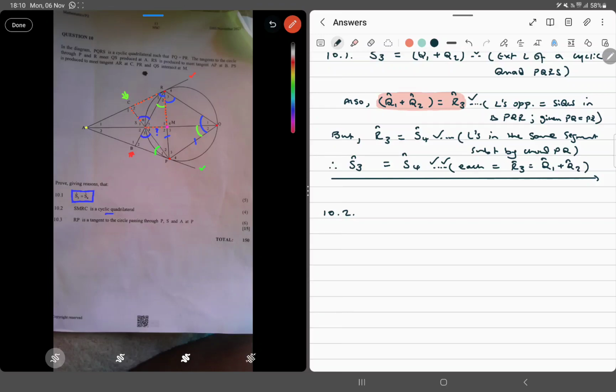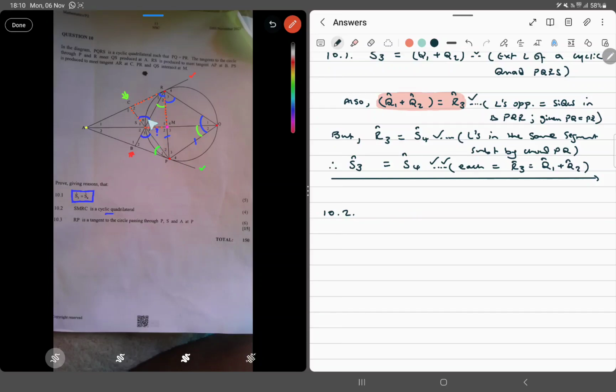I'm sure you guys can appreciate it as much as I'm working with a bit of challenges here. All right, so now how do we prove that? Okay, so the way to prove this one is a cyclic quad.